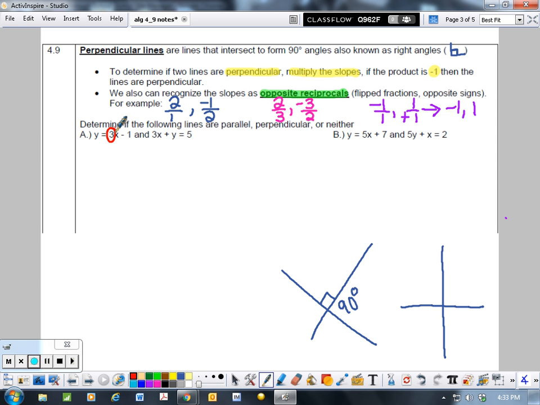And now I've got to take the second equation and solve for y so I can figure out my slope. So I'm subtracting 3x on both sides. So I get y equals -3x plus 5. And so I've got 3 and -3. So, are they parallel? No, not the same.